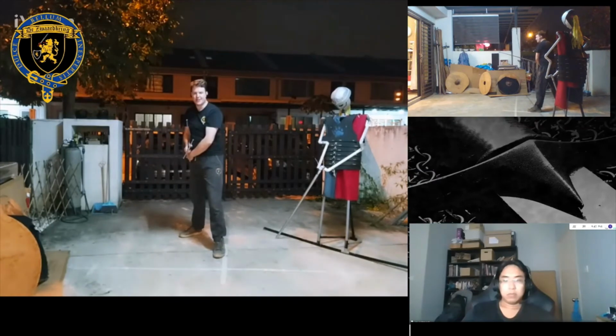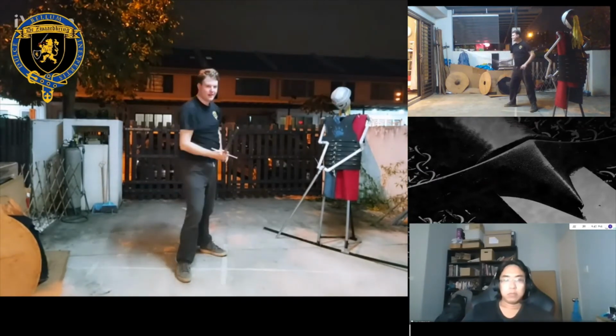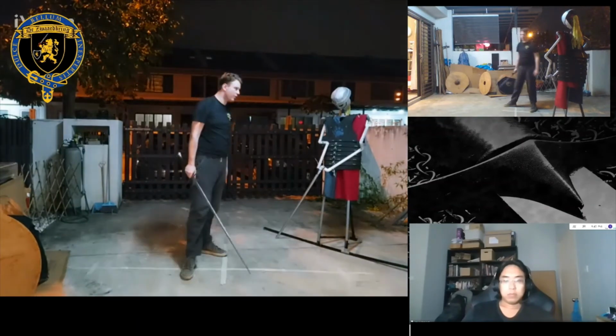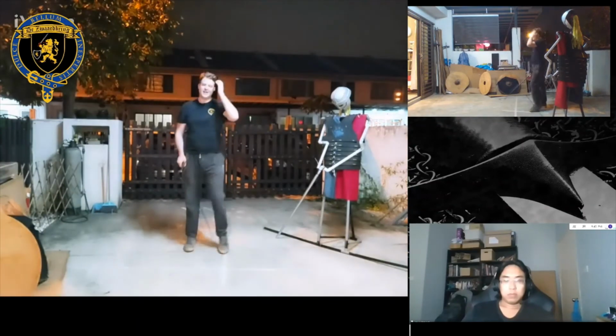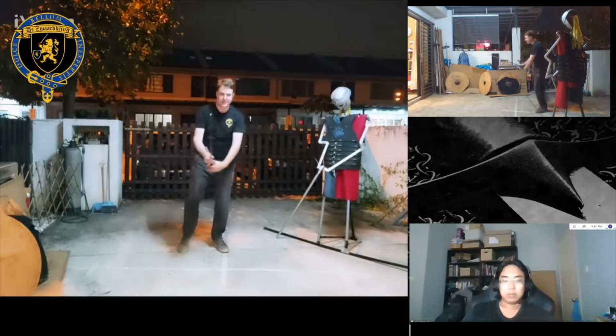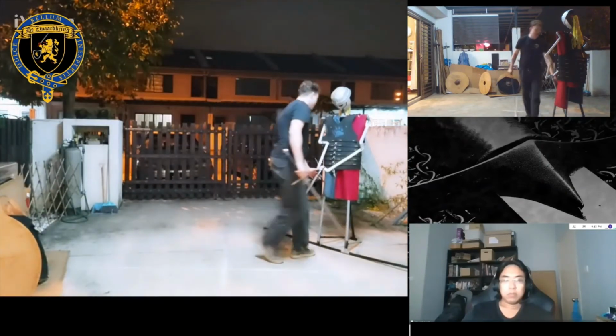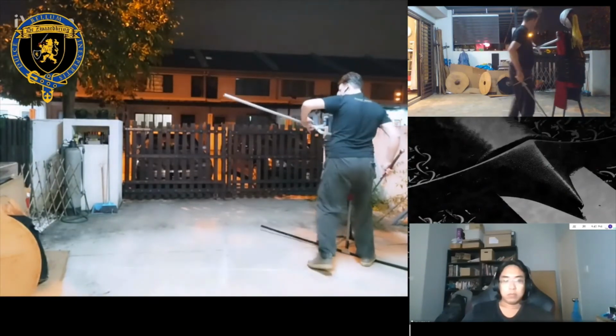From here I can thrust. So as I pull my sword back, that's a moment of weakness. You can follow your opponent in. And again, with that cut, with that thrust, I recommend scooping up his sword so that if he follows through with a thrust, right? So if he's in Langenort, hold on.